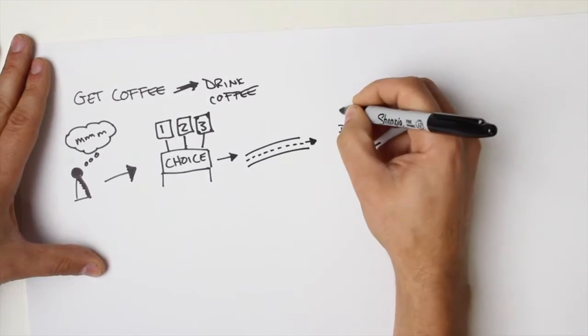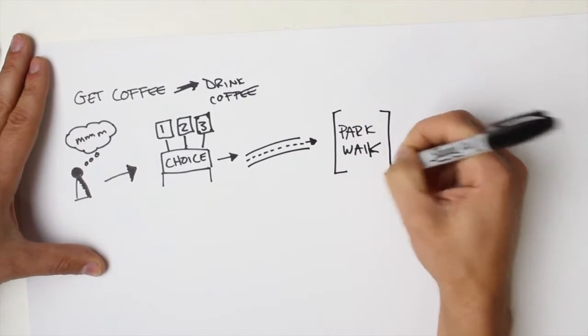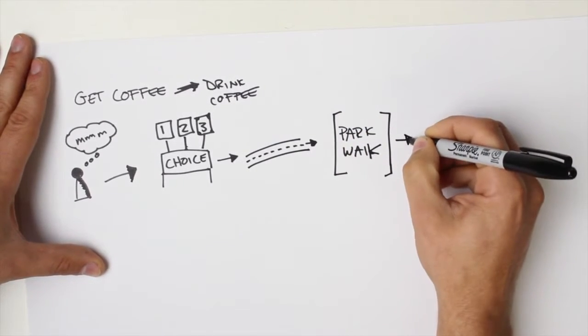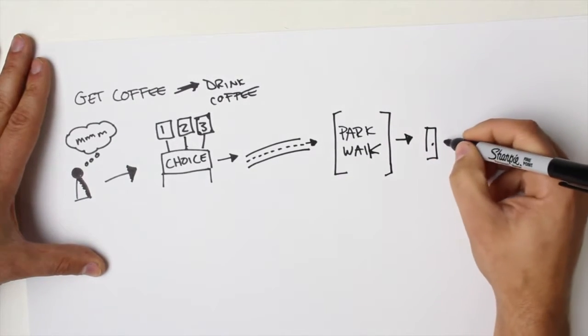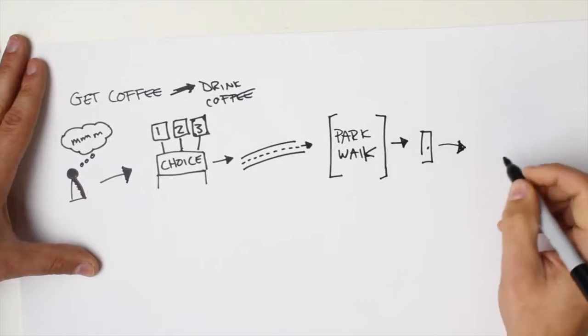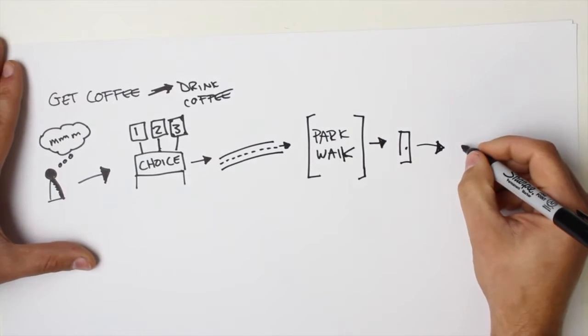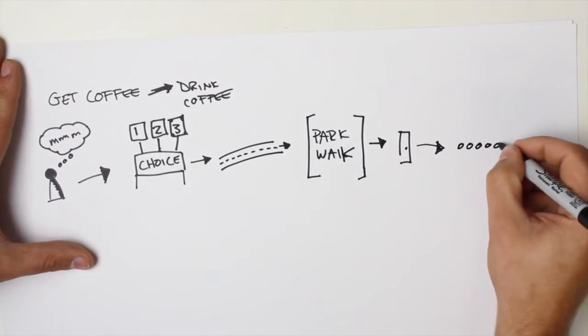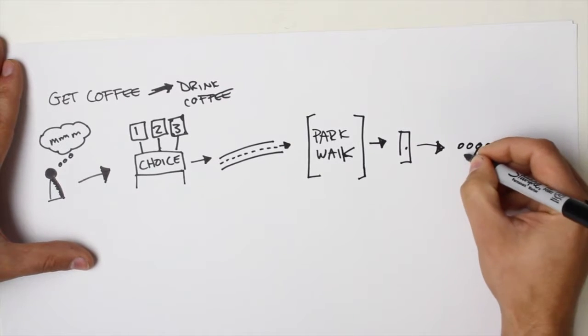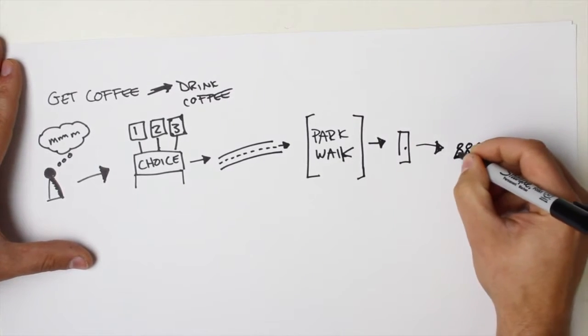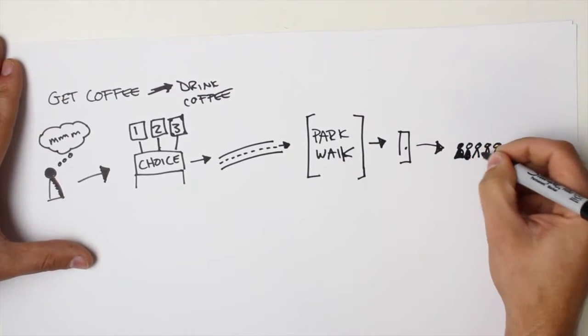Right, so we'll have a park and walk little bucket. What happens next? Let's say there's a door and you have to walk inside the coffee shop. What happens next? Let's say here, now that you're in the coffee shop, you don't get to go to the front of the line, but let's say there's a bunch of people in a line, and that's sort of the first experience that you have in the coffee shop.